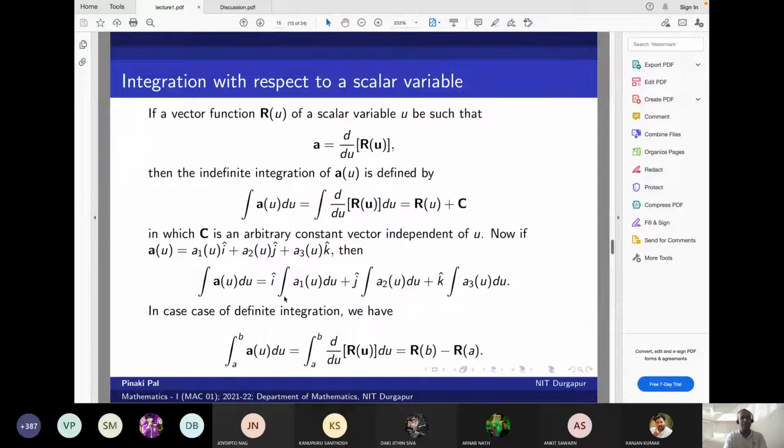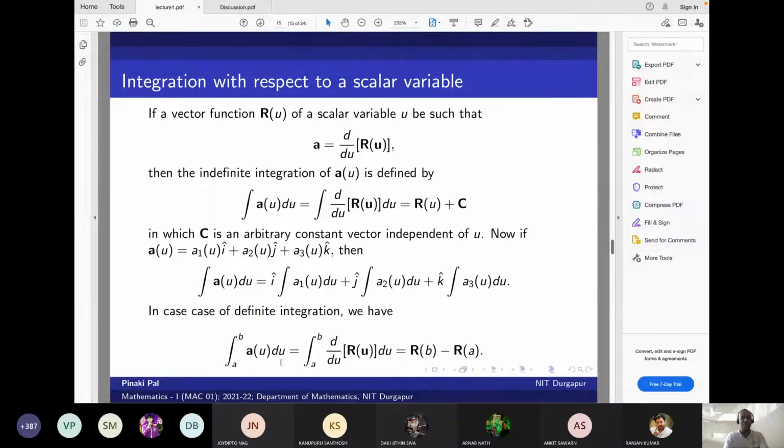And this is simply like the indefinite integration of a function of a single variable. And if you add all the terms after the integration, you will get the vector R(u), plus some additive constant.